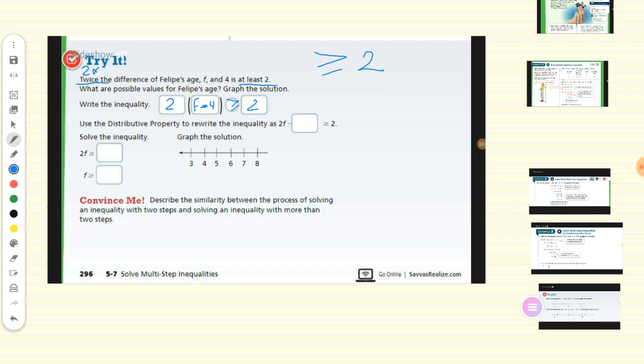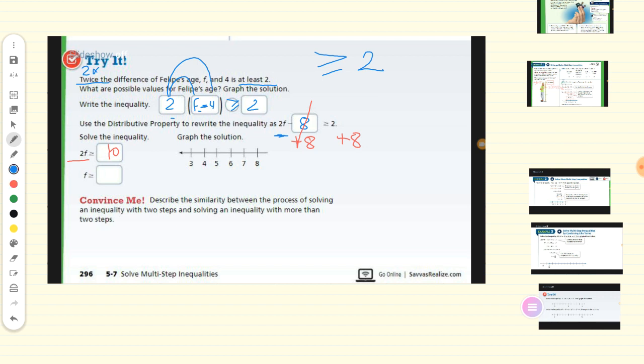Let's solve it. So it's 2 multiply f, then 2 multiply negative 4. It will be 2f, yes, first. Then negative, positive, negative. It will be negative 8, greater than or equal to 2. Second step is to add 8 to both sides, the opposite of negative 8. It will be 0, so 2f here is greater than or equal to 2 plus 8, 10.